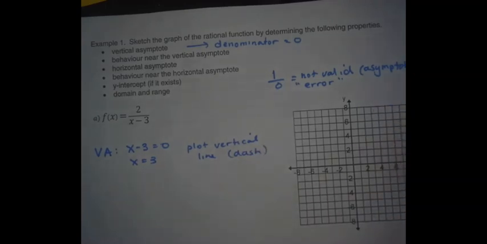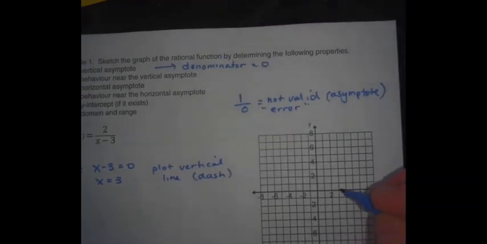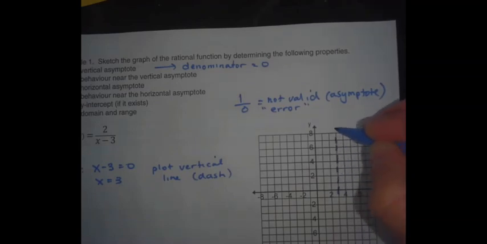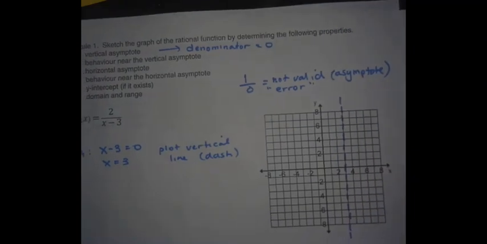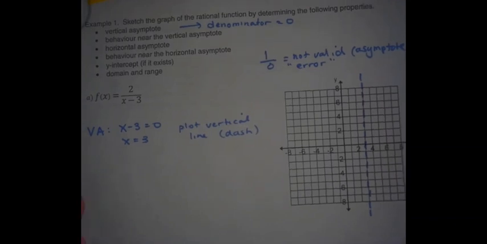Using my ruler at 3, I know that my graph cannot exist at that point. My line will not cross the dashed line of the asymptote. And you've talked about and seen asymptotes in grade 11.